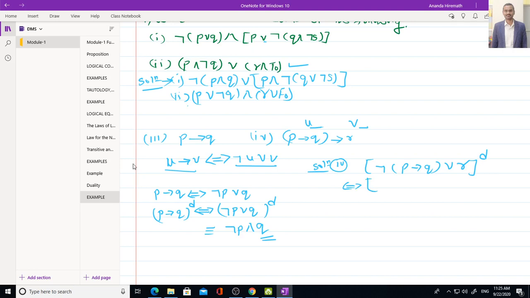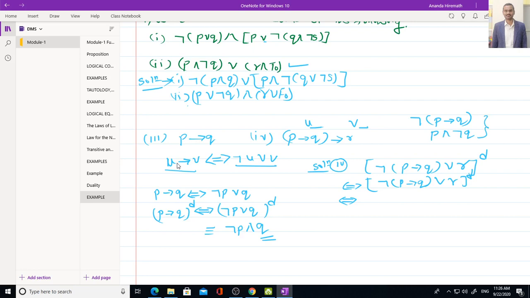Now, not P conditional Q, let me write it once again as it is. Now if you remember, we have the negation of conditional rule, which says that the negation of P conditional Q will be P and negation of Q. Now we are going to use this concept in this example.